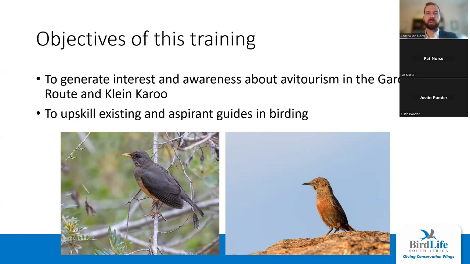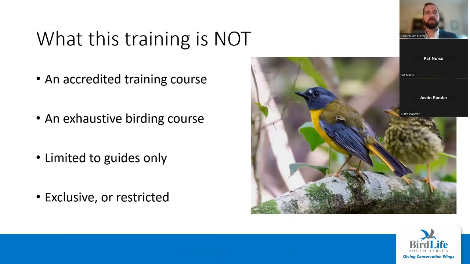And then on the right-hand side is a very special little bird, a cinnamon-breasted warbler. You can see that ruddy cinnamon-colored breast. This is a resident of dry Karoo scree slopes, bouldery slopes, and very sought after by birders because it's incredibly elusive and difficult to find.